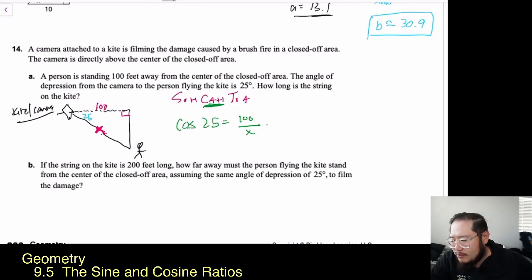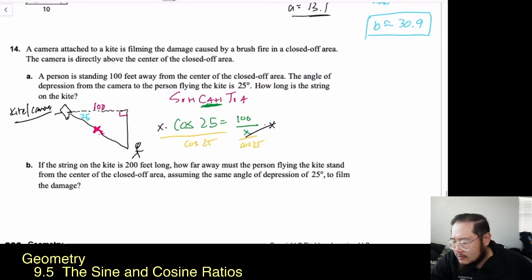So we'll go ahead and multiply both sides by x. And then let's divide both sides by cosine of 25. Okay, I'll go ahead and just kind of do both right here. I would not recommend it. So here, let me go ahead and rewrite this. So we got x is equal to 100 over cosine of 25.